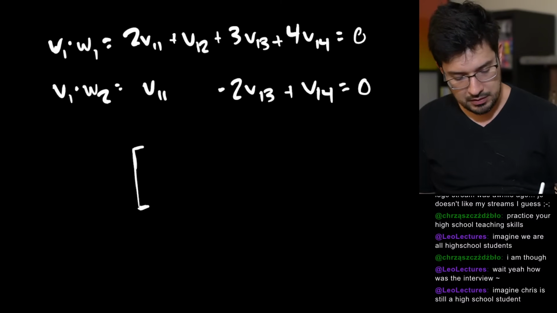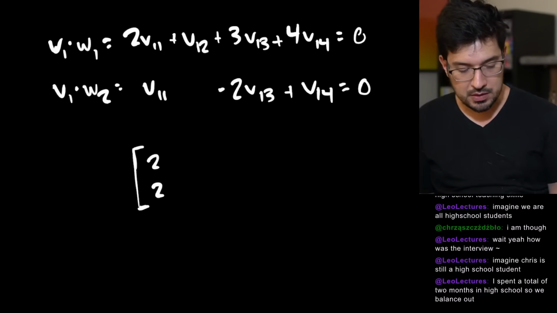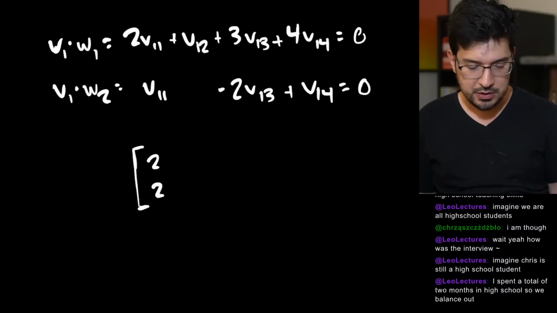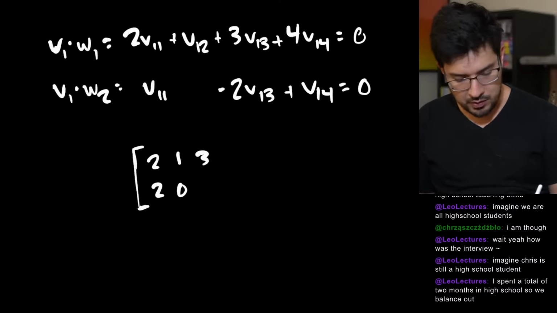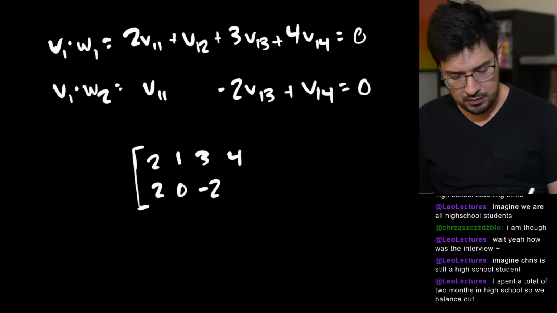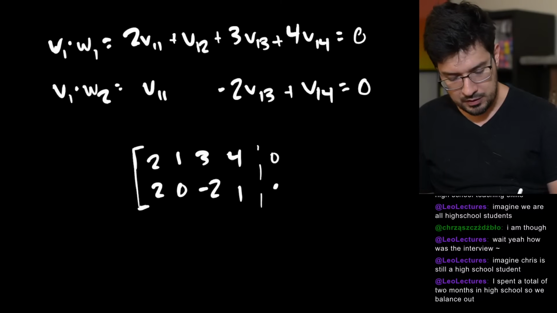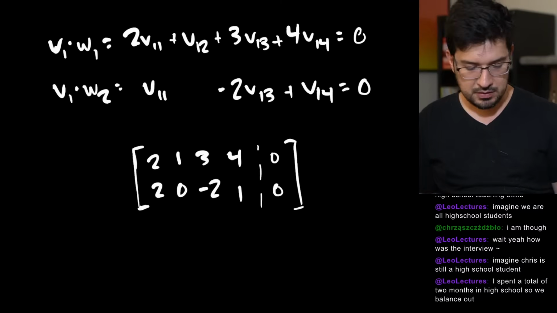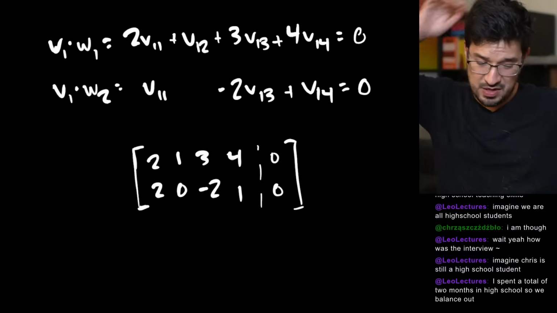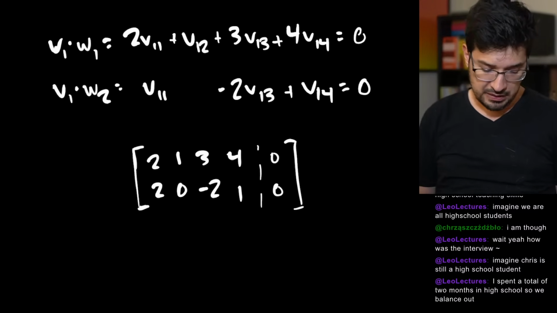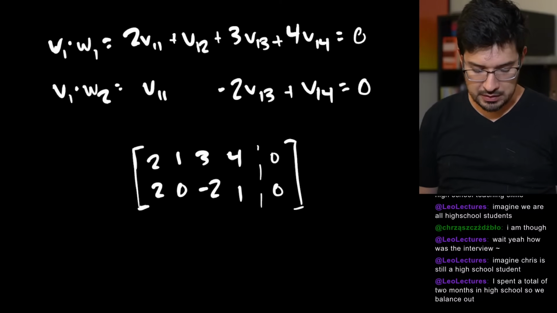a system of equations with two equations in 4 unknowns. So if I write out these coefficients, we're finding solutions that map to 0. So we're finding the null space of that matrix.